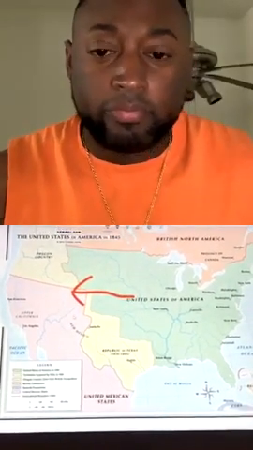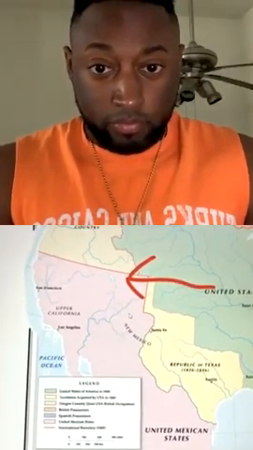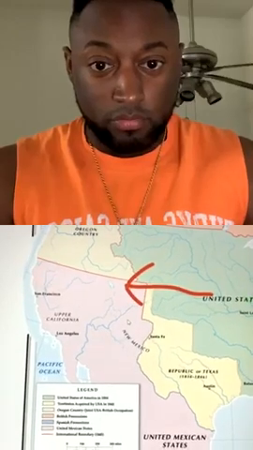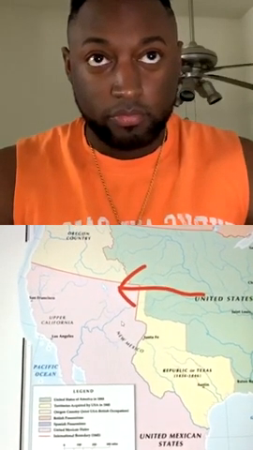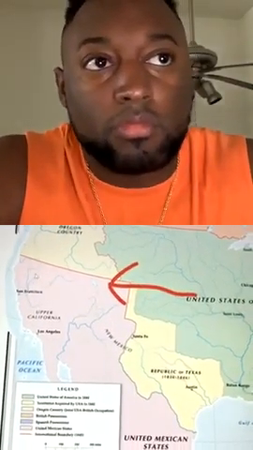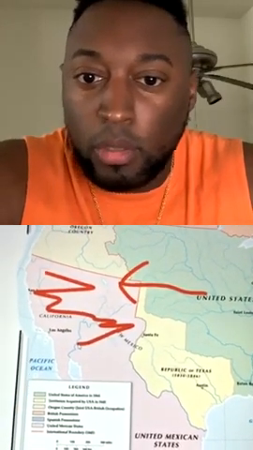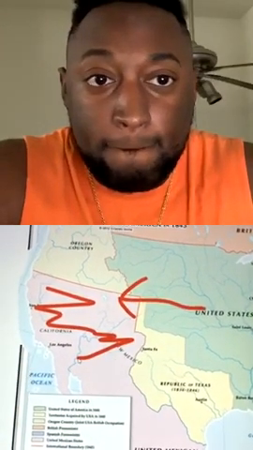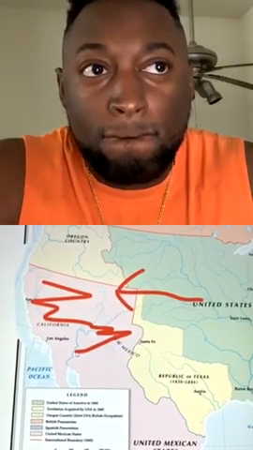Yeah. The reason that we started to get interested in these areas, so New Mexico, Arizona, Utah, California, Nevada, is because white settlers, through manifest destiny, started moving into these areas. And when they started moving in, they started making money. In California, they found gold a few years after this.